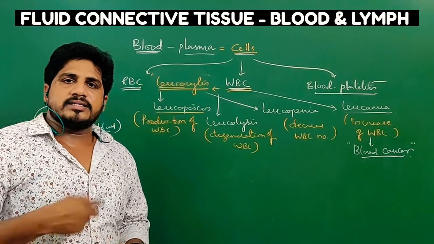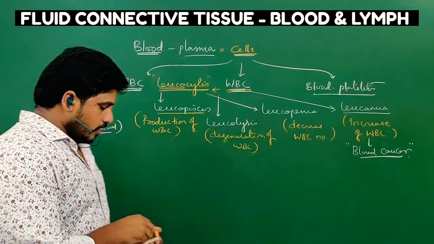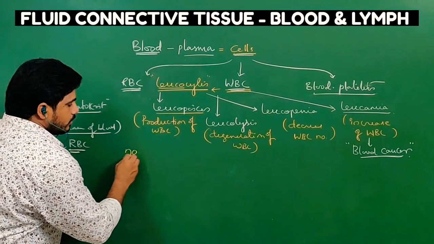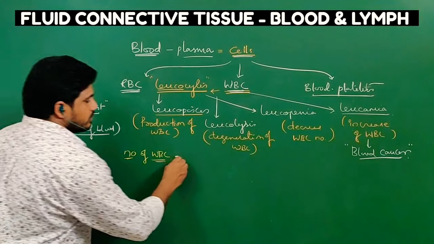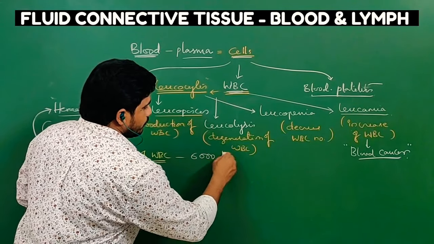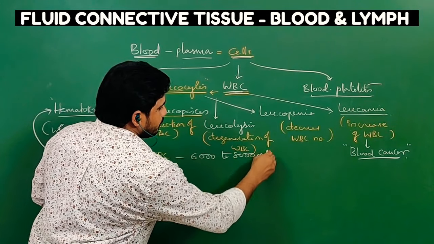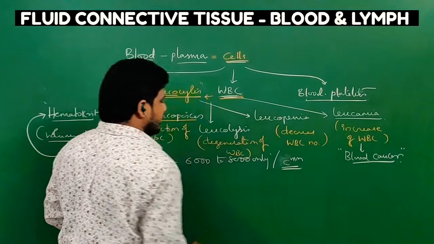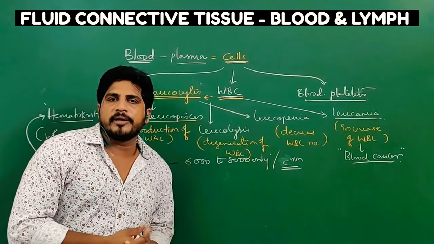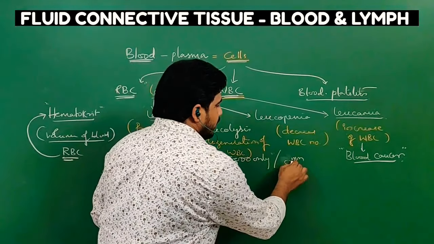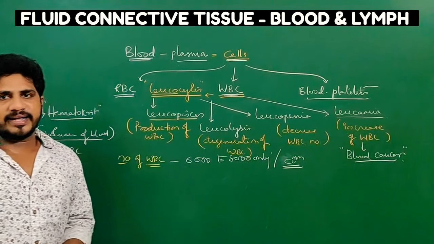WBC amount cannot be considered as hematocrit. Why? Because the number of WBC is 6,000 to 8,000 only per cubic millimeter. If the WBC number increases to more than 8,000 per cubic millimeter, then what will happen? It will lead to blood cancer.